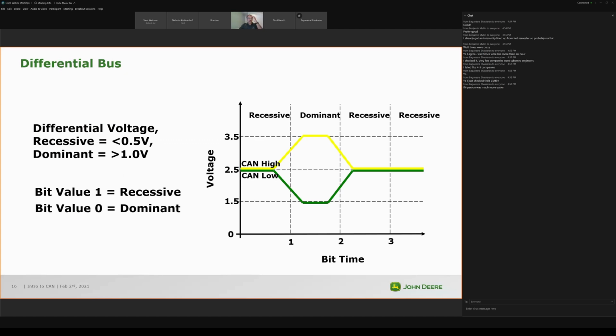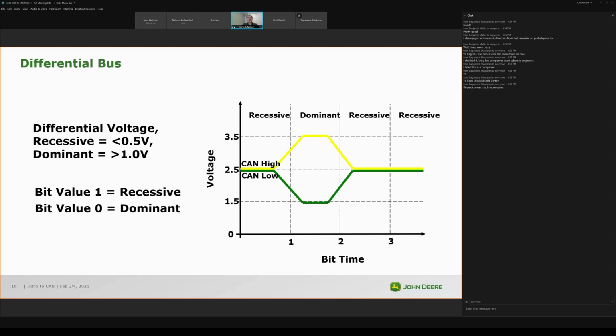This is an example of the hardware, or the signal on a scope. Ideally this runs on a 5-volt system, or 3.3 volt system too, but within John Deere we use only 5 volts.